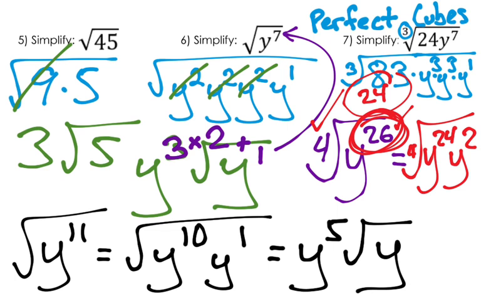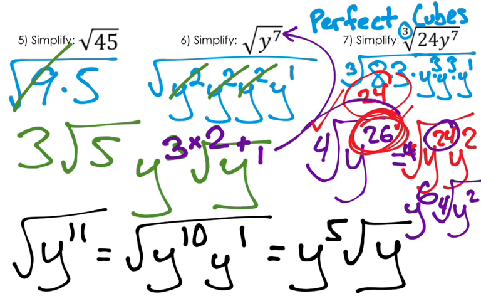And now we can take the fourth root of y to the 24th power, and that's going to be y to the 6th power. Just do 24 divided by 4. And then what's left over, which was the y squared, that stays under the fourth root sign. So the fourth root of y to the 26th power is going to give you y to the 6th power times the fourth root of y squared.